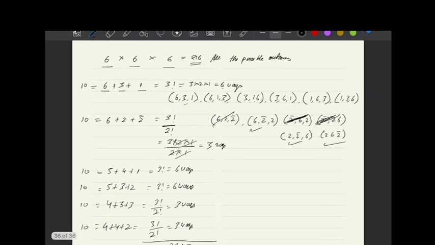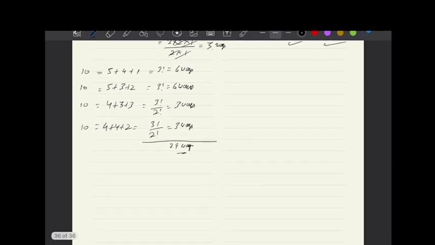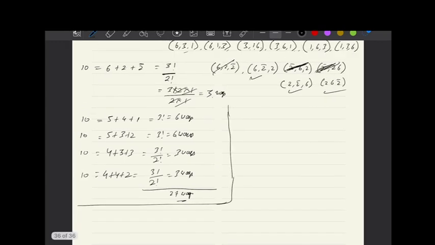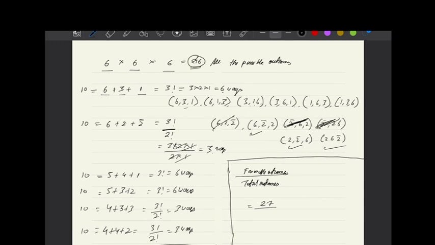Now if we want to calculate the probability of getting a sum of 10, we will use the formula of favorable outcomes divided by total outcomes. In this case our favorable outcomes are 27 and the total number of outcomes, as we calculated at the beginning, is 216.